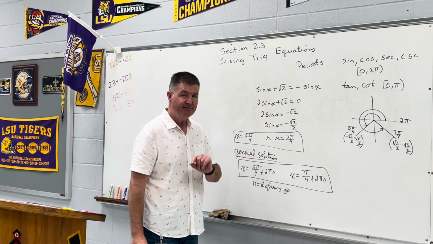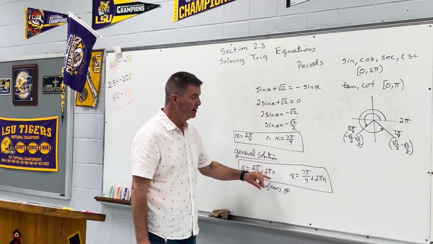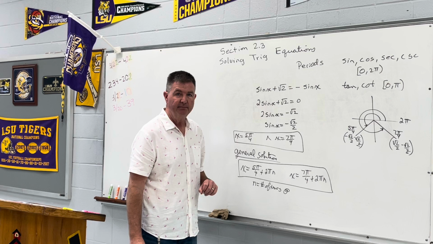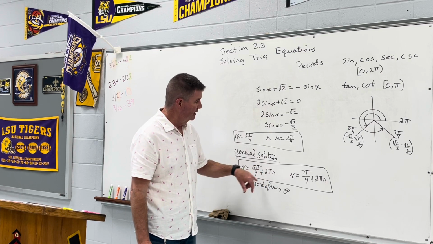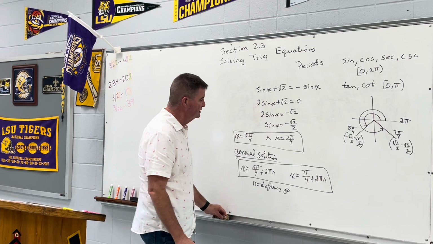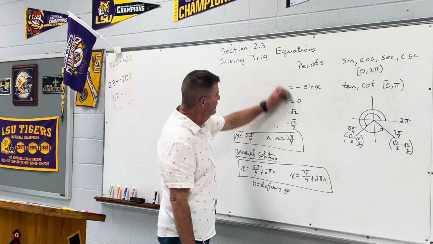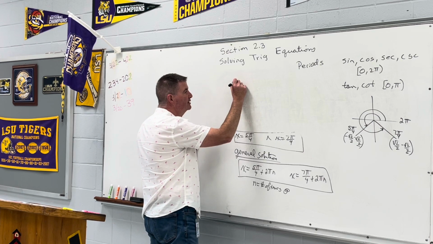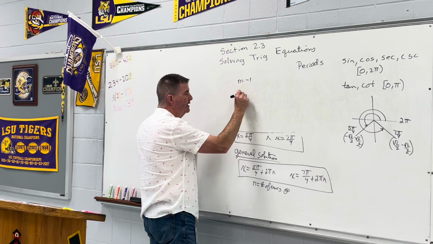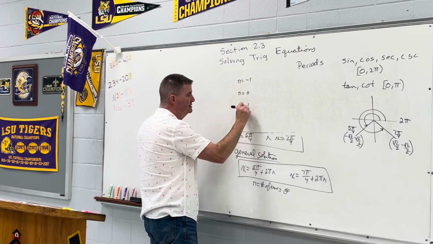They may even ask for specific numbers for n. If they did that, we would have to plug those numbers in for n and then solve. For instance, I'm going to erase this part here, and suppose they say to find the solutions given that n is equal to -1, n is equal to 0, n is equal to 1.